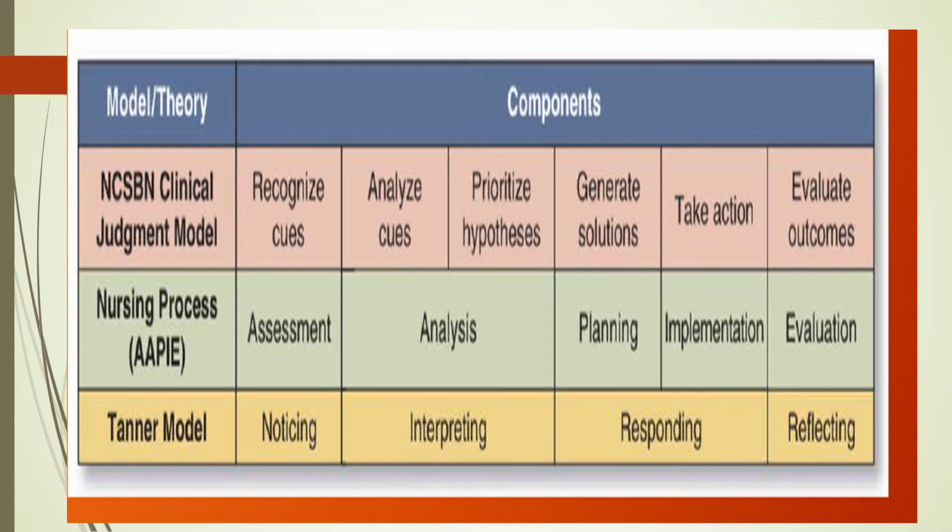We're analyzing the cues and developing that hypothesis, deciding what's priority. That's analysis in the nursing process. It's also interpreting in Tanner's model. Then in NCSBN, we're looking at generating solutions, which is planning, and also taking action, which is implementation, and then responding in Tanner's. And then all three of them, we have to evaluate the outcomes or reflect on the outcomes. So use this model to help you through working with your patient.